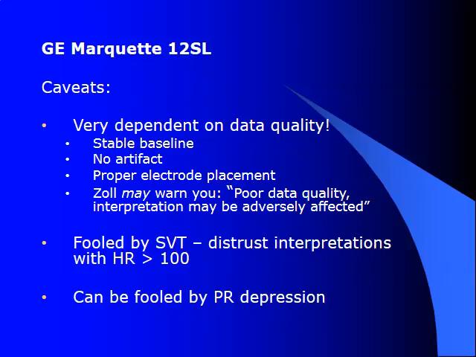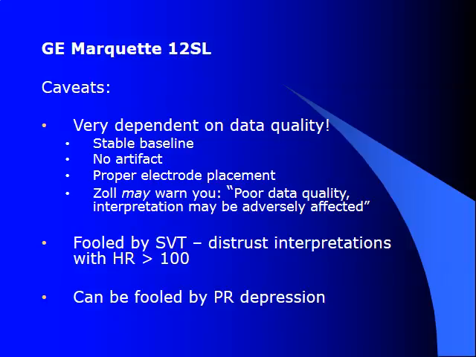So there are a few caveats to these algorithms that we need to be considering. Number one is that the algorithms used to interpret the 12 leads on the computers are very dependent on data quality. They have to have a stable baseline and very little artifact, which means we need to have proper electrode placement.